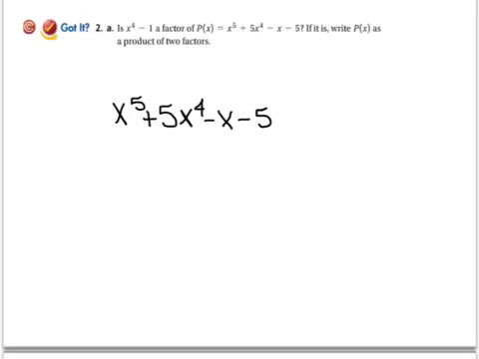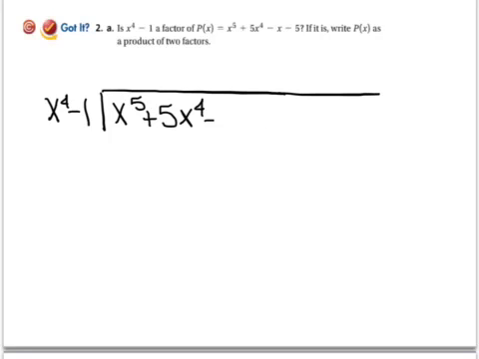Now again, why we are just doing division right off the bat here is because x to the fourth minus 1 cannot be solved as easily as x minus 2 equals 0. So we're going to do our long division. Don't forget your placeholders, like I almost just did.